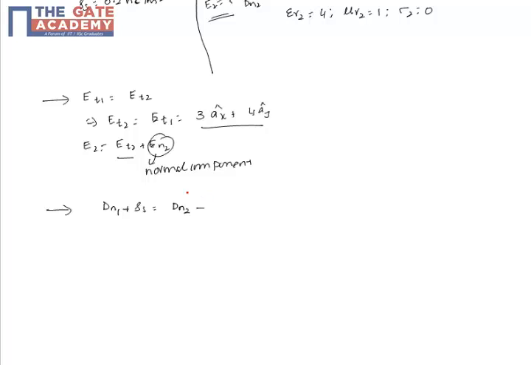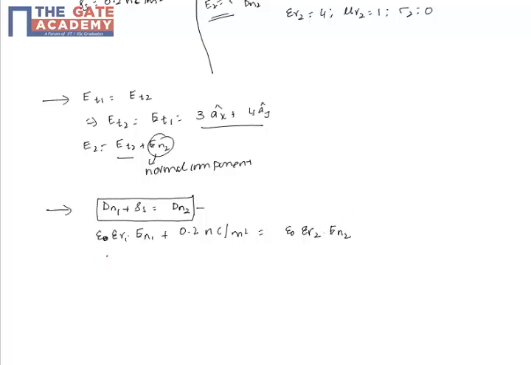Dn1 can be written as epsilon naught epsilon r1 into En1, plus rho s, given as 0.2 nanocoulomb per meter square, is equal to epsilon naught epsilon r2 into En2.